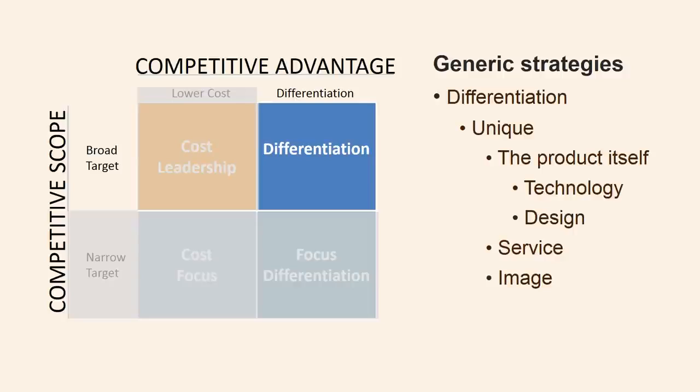Differentiation may also include the brand image of the firm or the product, which can be created through marketing. Clothing labels are an example. The products of the industry are relatively similar, but customers are willing to pay extra for certain brands.